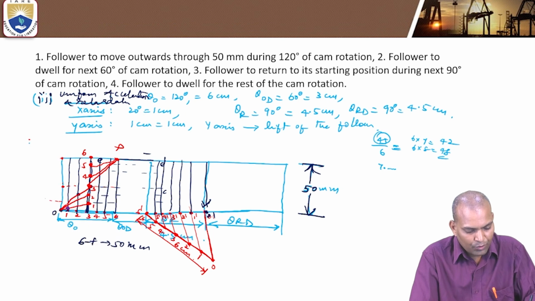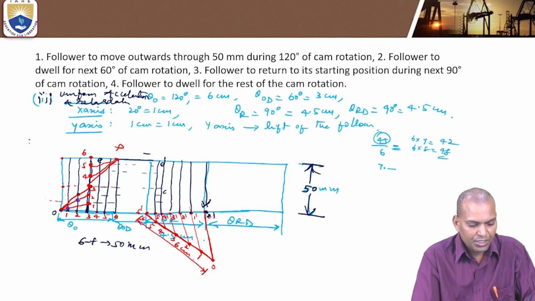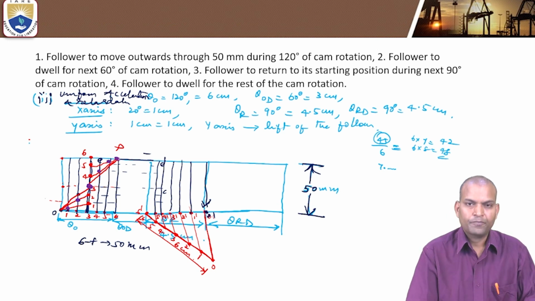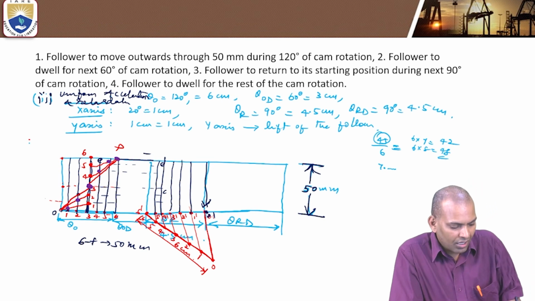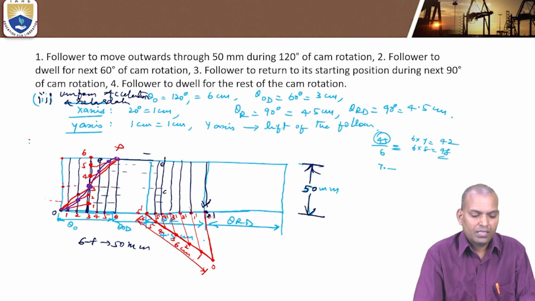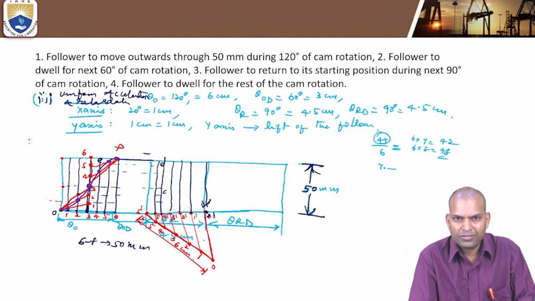Next 2 with 2, next tracing point. 3 with 3 vertical line, 4 with 4 line, 5 with 5th. This is the 6th point. Now join all these points through a curve. That curve indicates a parabola, when the lift of the follower is under uniform acceleration and retardation.